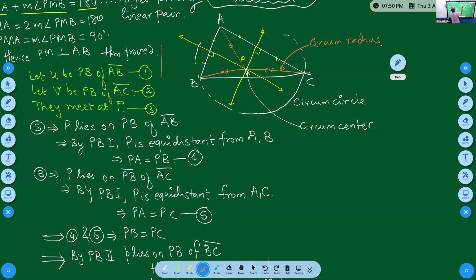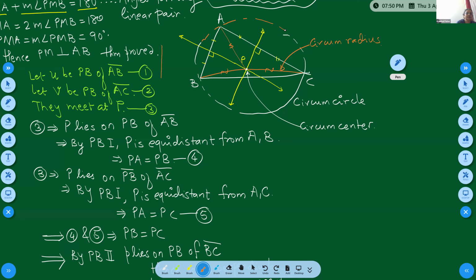So if we put steel point at P and take radius equal to PA and draw circle, then that circle will pass through all the 3 vertices, A, B and C. Yes, question? Sir, I'm asking you about the circumcenter, we can draw with the help of this. Can we draw the encircle also? नाही, नाही करता येत का? नाही.